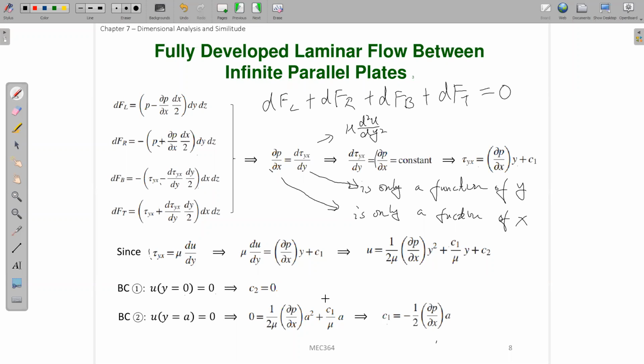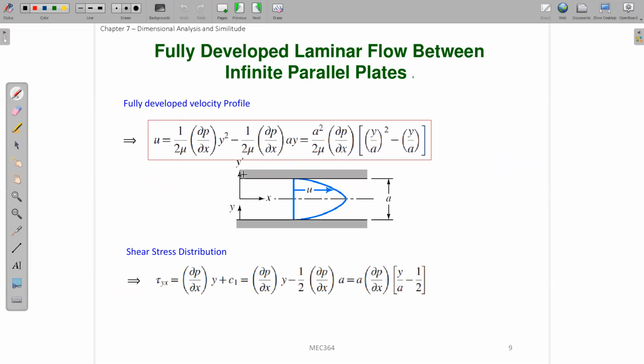So you put these c1, c2 values back into the u expression, and you will finally get the fully developed velocity profile for the laminar flow between the two stationary parallel plates. u will be equal to a squared divided by 2 mu times partial p partial x.